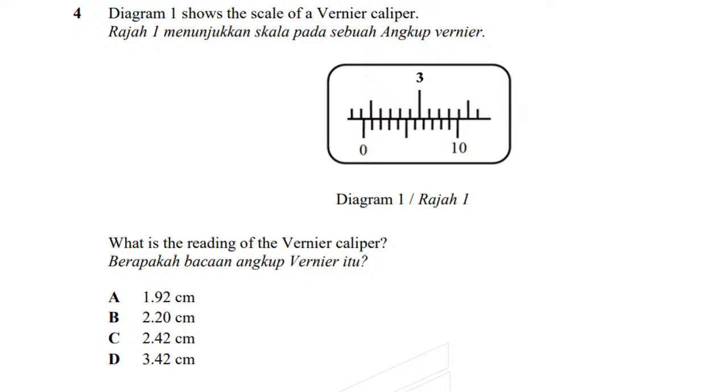Yes, 2.42 is the correct answer. Any problem on how to determine the reading of the vernier caliper? The correct answer is 2.42.